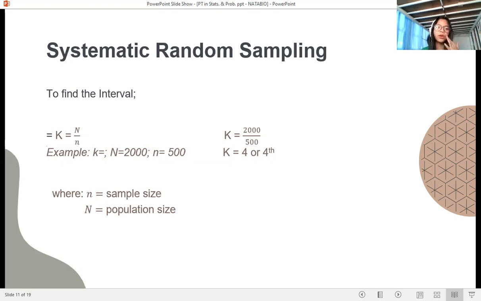So how do we find the interval? First, we substitute the given in the formula. So k equals 2,000 divided by 500. Then we just divide it: 2,000 divided by 500 is equal to 4. So we have k equals 4, or fourth. We will use the ordinal here, and the ordinal here is the fourth.